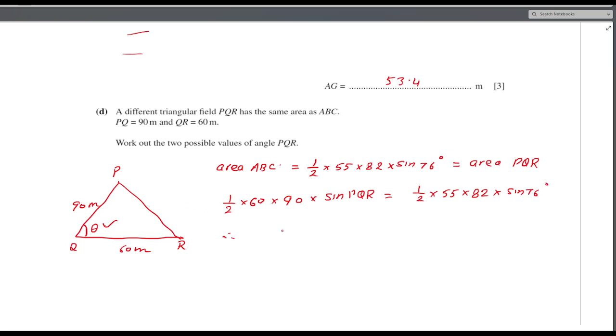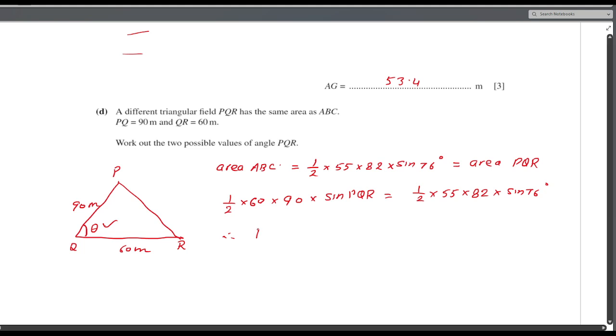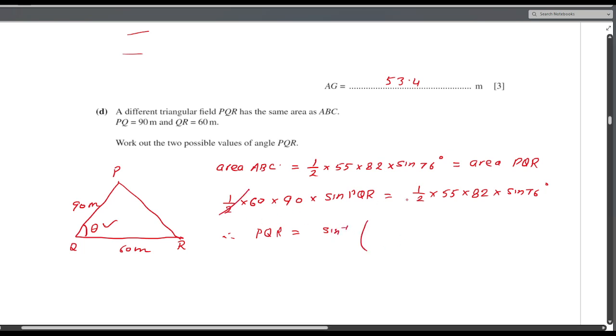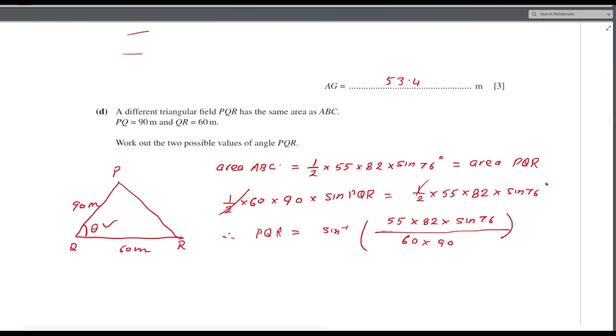So the calculation will give me PQR equal to sine inverse of, the halves easily cancel, 55 times 82 times sine of 76 divided by 60 times 90.